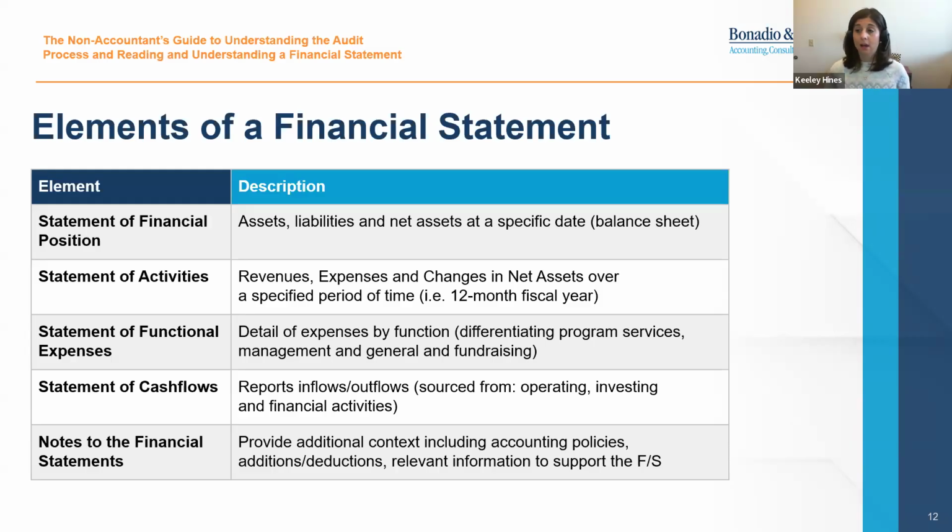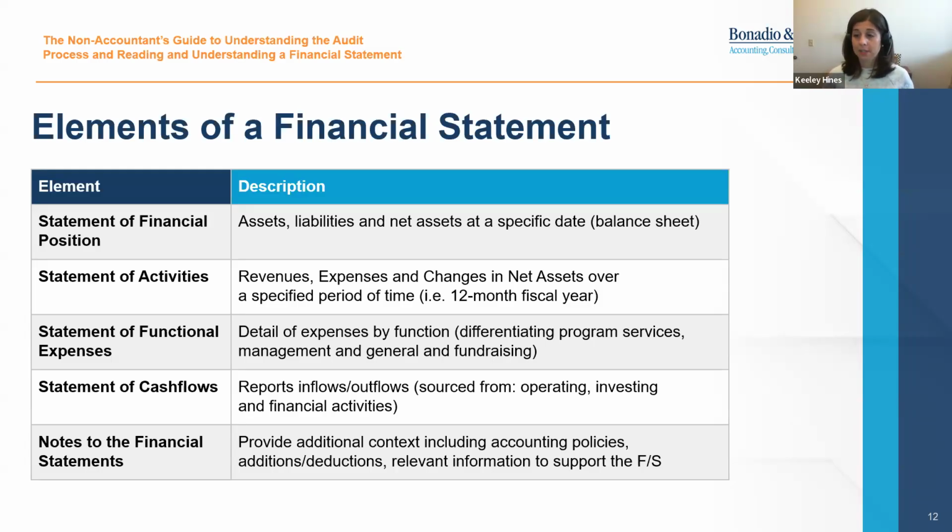It could be amounts owed on a long-term borrowing. It could be payroll that your employees have earned but hasn't quite yet processed and gone out the door. So it's capturing any amounts owed and due at that specific date. And your net assets is the difference between the two. What you have minus what you owe is that net assets number.